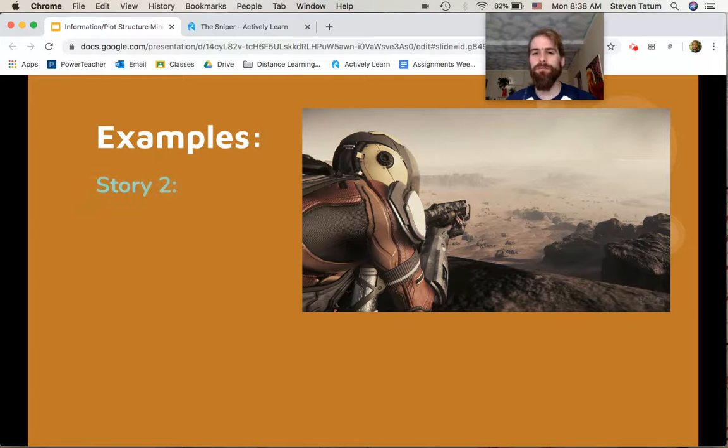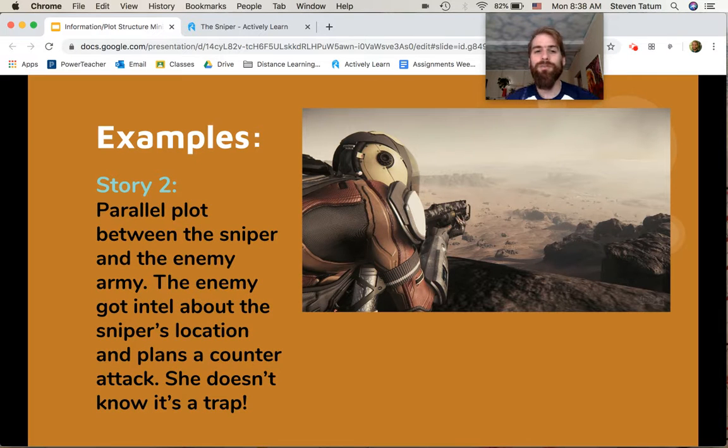But it could be told a different way. Suppose that the author chose to give us both the sniper's side, where we see the sniper looking at the enemy, but then we also see the enemy planning a counterattack. Maybe they got some intel about the sniper's location and they know where she is and they're going to go get her.